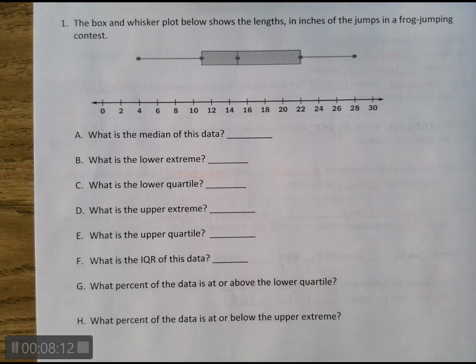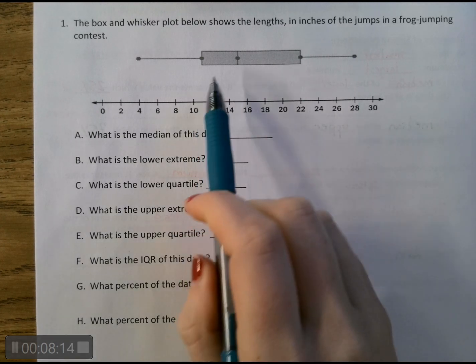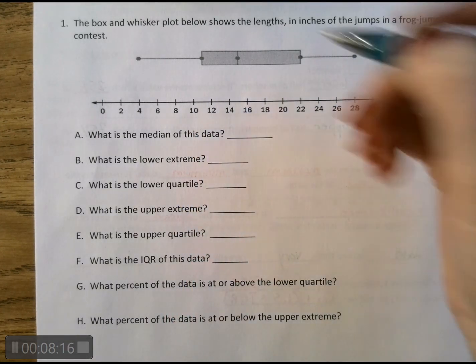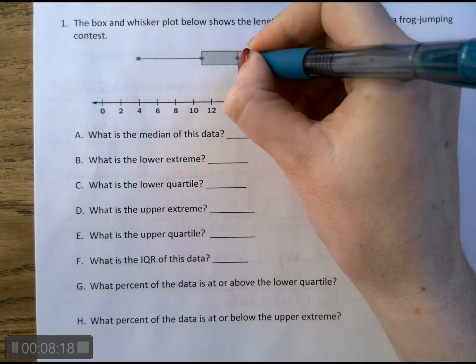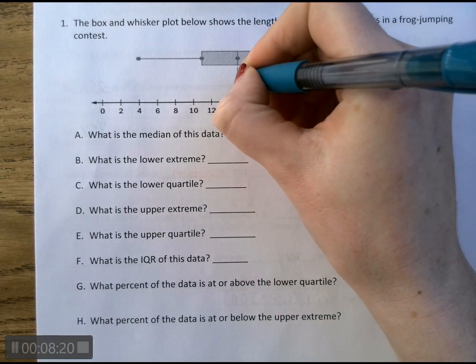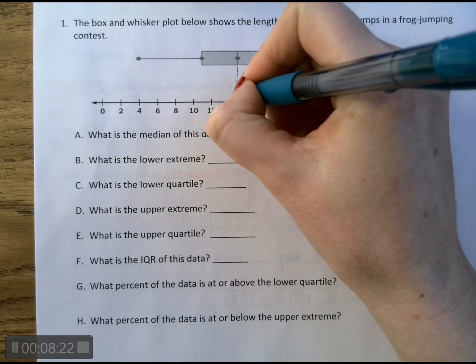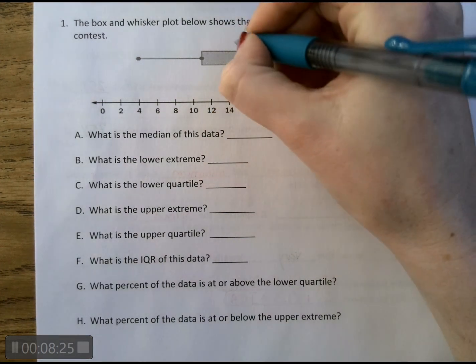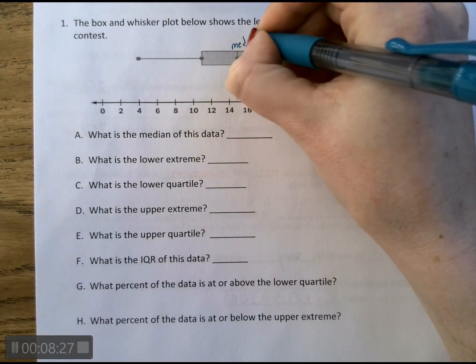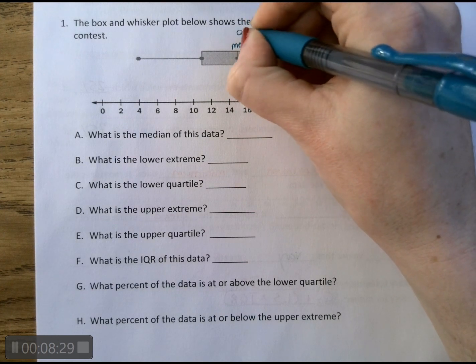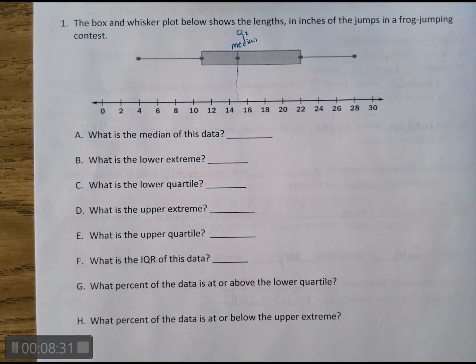That's the middle. So that's going to be the line inside of your box. So that is right here. Okay. So I'm making a line, and this is going to be our median, or our Q2. I know my line's not exactly straight, but that's okay.